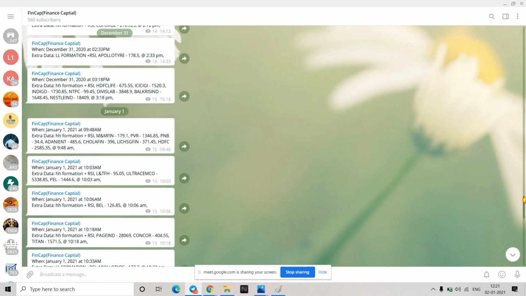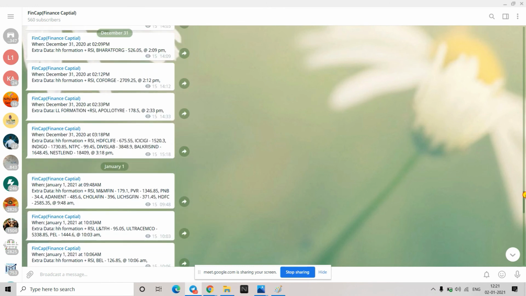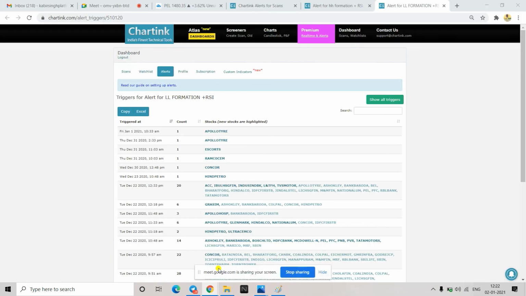Wait a second. Okay, fine. I don't know why it did not come. See, on 31st December there were alerts from the LL screener also. Let me check it. So if you could see on 1st Jan, actually on the sell side there were no alerts.